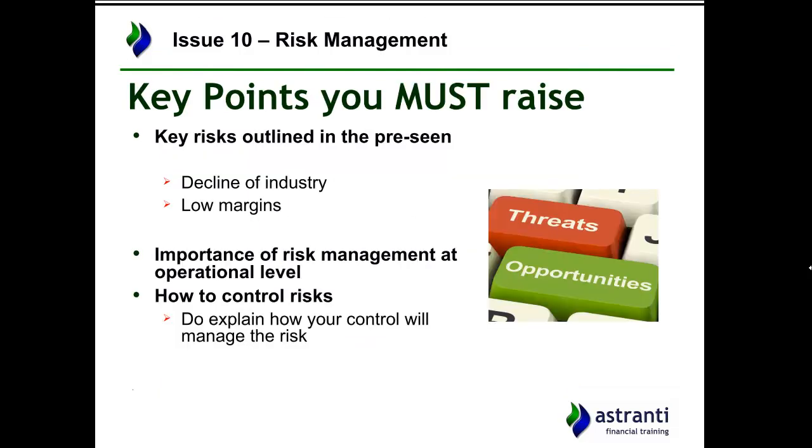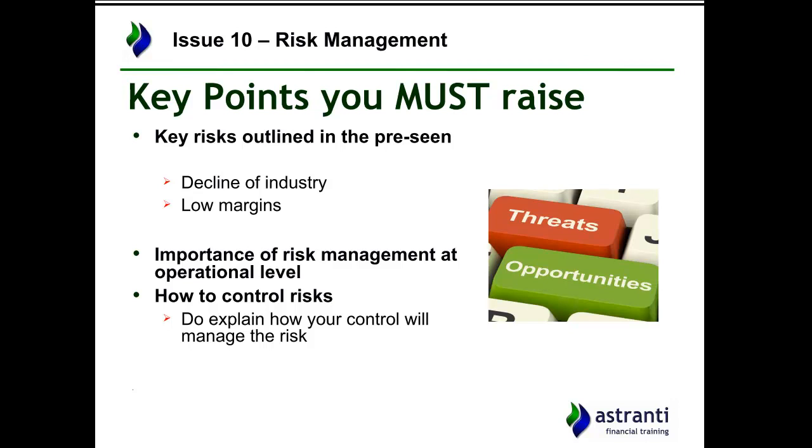So there are several key risks that the company faces at the moment based on what we've seen in the pre-seen. One of the major ones is just the general decline in the industry, in the luxury goods, high-end goods market, particularly fashion. There has been a decline, and there is a big change in the industry.